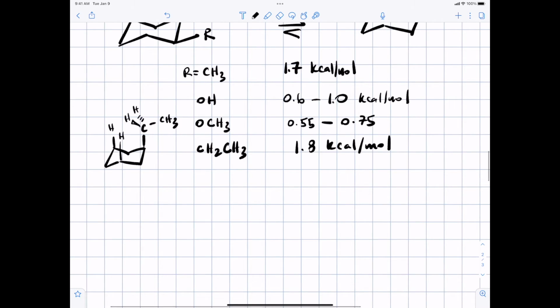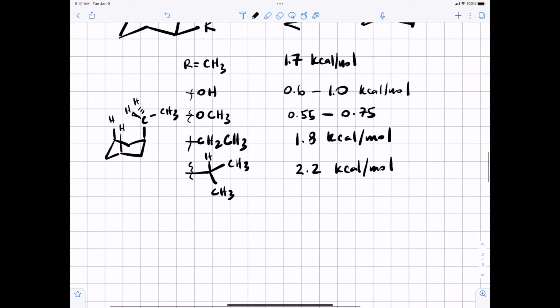It gets a little bit crazier when the squiggly line indicates that this R group is attached to something. If you add another methyl group and get to isopropyl, of course the A value, or the delta G value, goes to 2.2 kilocalories per mole. It's a little bit bigger than for the ethyl group, and that's because you now have more methyl groups present.